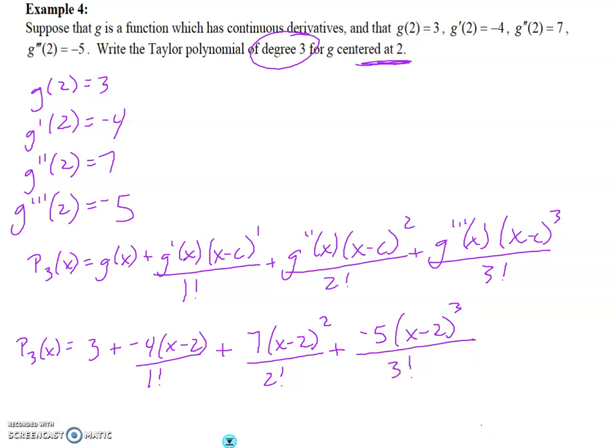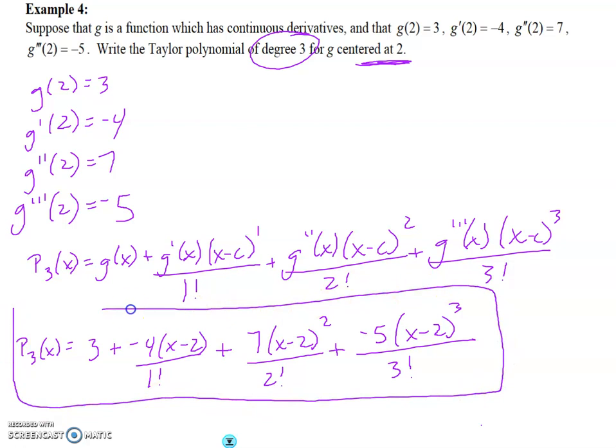It didn't ask us to approximate anything here. It was just asking us to write the polynomial. So this would be our answer.